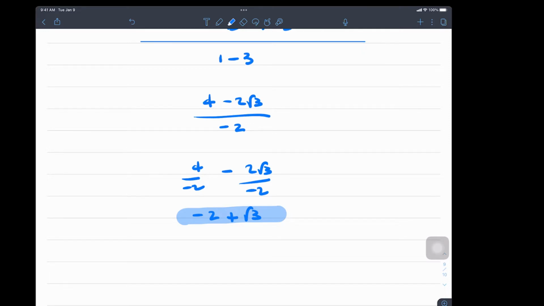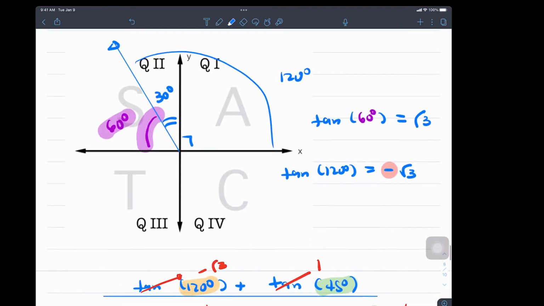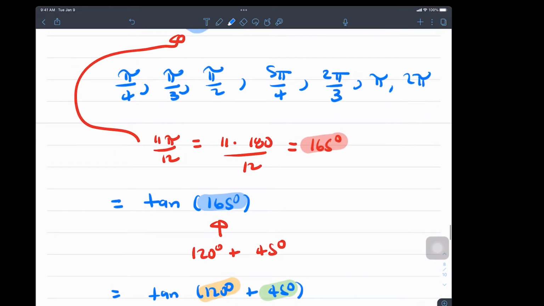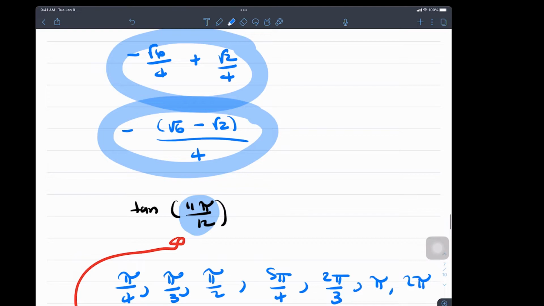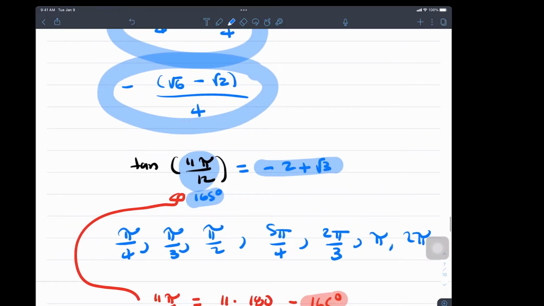So numerically, remember what this was about. This was about demonstrating what tangent 165 would be. So the answer was negative 2 plus the square root of 3. And that, like we said, measured 165 degrees.